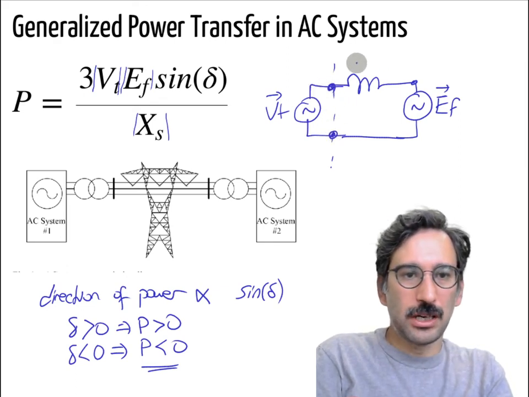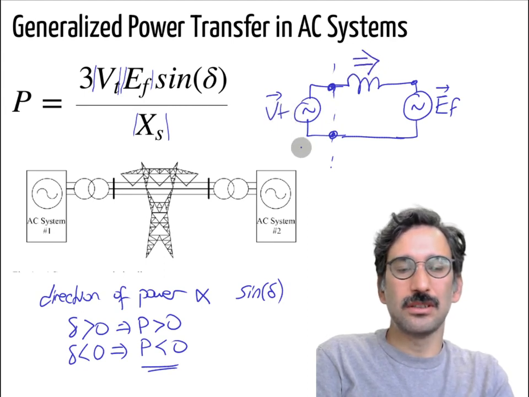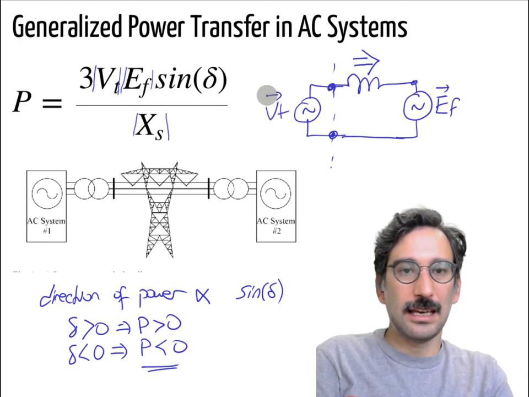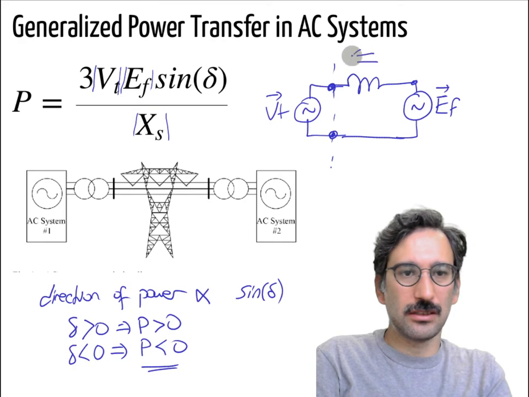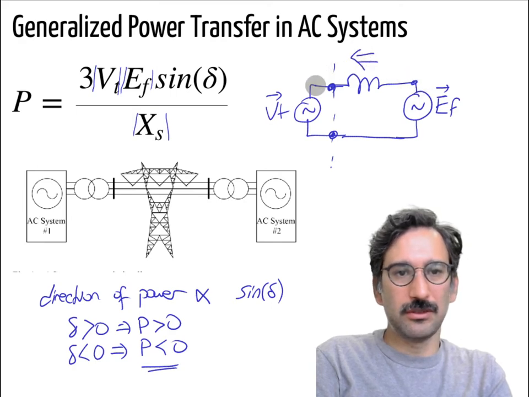Okay, so the power will flow in this way if VT is ahead of EF, so it is working in the motoring mode, or if it is working as a generator, then the power will flow like that. And whenever it's going to work as a generator, that means EF is going to lead VT.